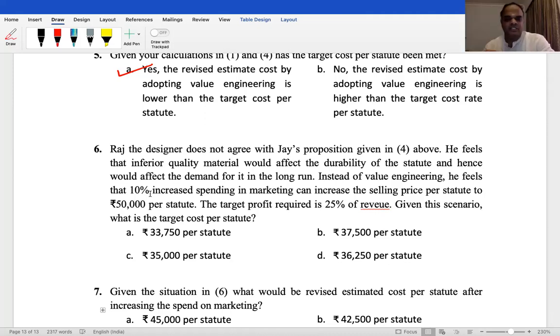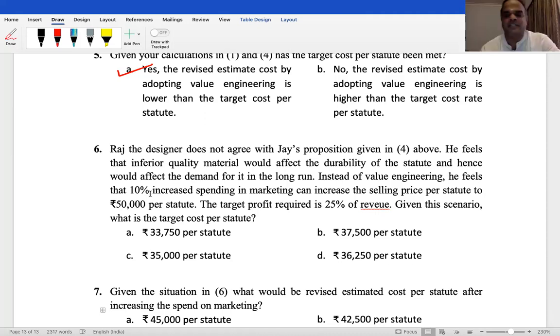Okay. The impact is what? 10% increase in marketing cost, and the selling price per statue is 50,000. Target profit required is 25% on revenue. Given this scenario, what could be the targeted cost per statue? 37,500.